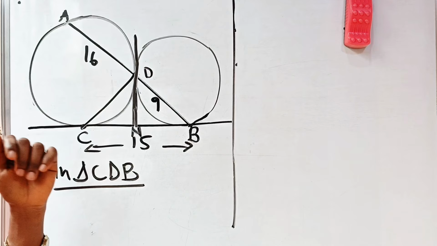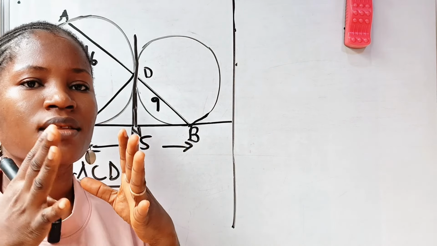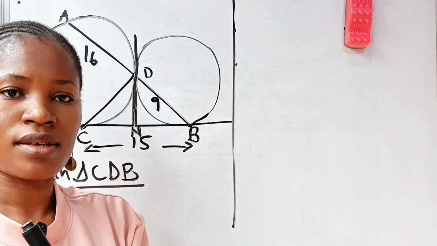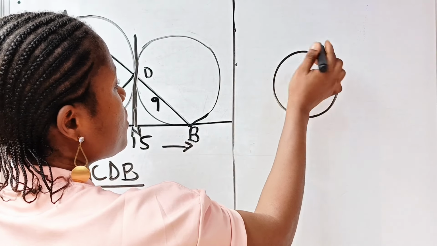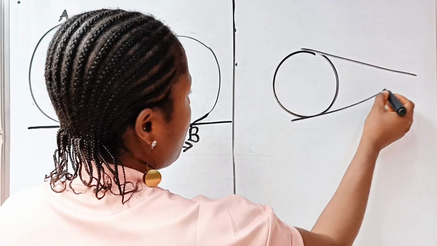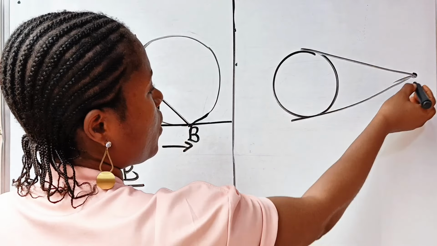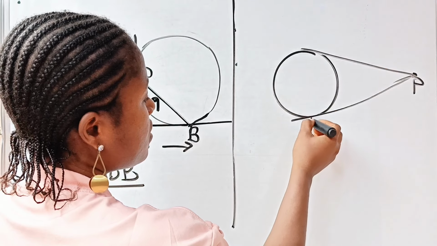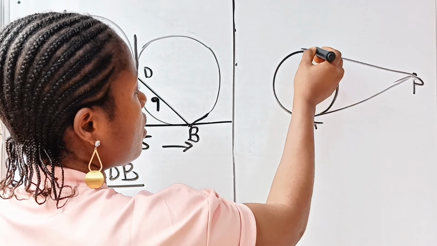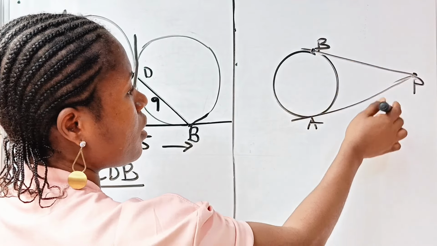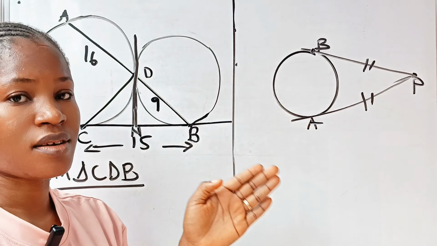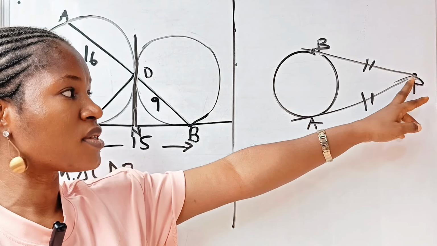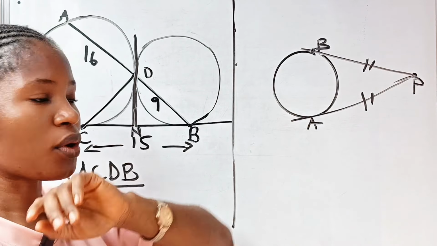Now, first things first. Remember the external tangent theorem in a circle. It says that if you have a circle and you have two tangents meeting at a point P, if this is tangent AP and this is tangent BP, these two lengths are equal from the point of meeting.